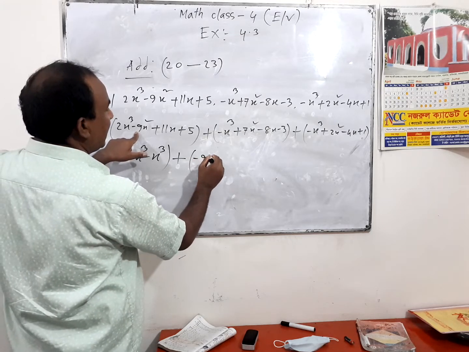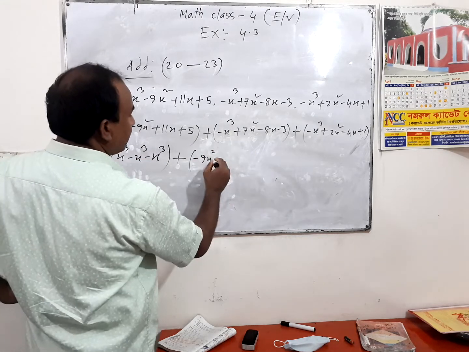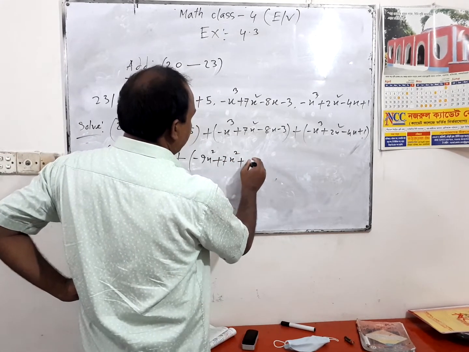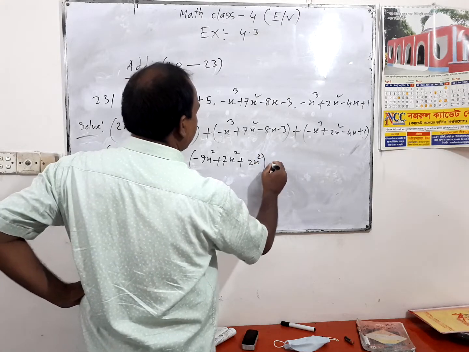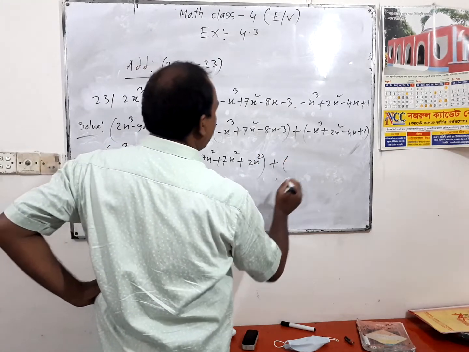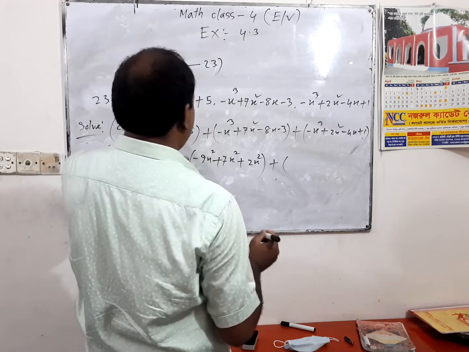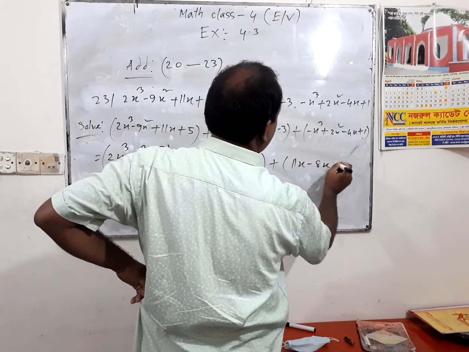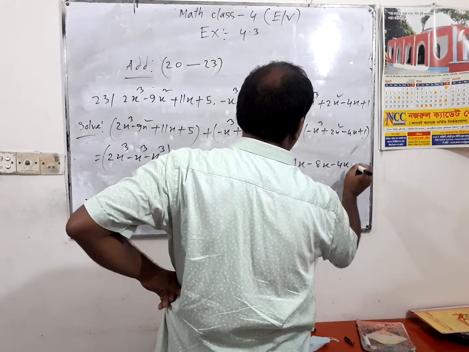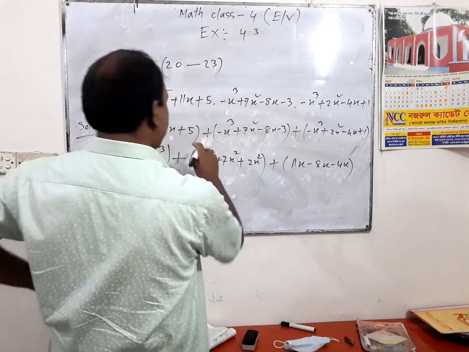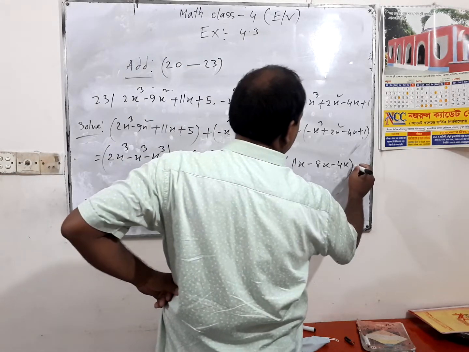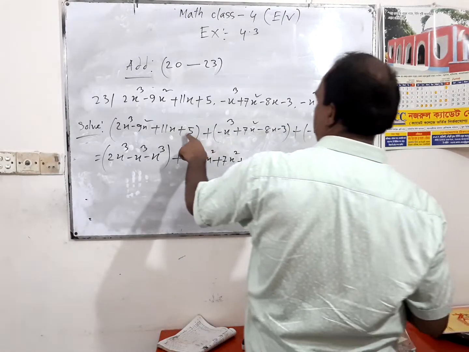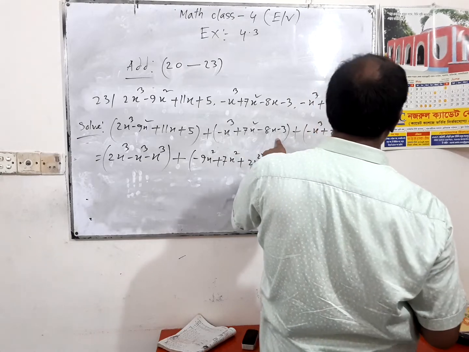Second term is minus 9x square plus 7x square plus 2x square, and third term is 11x minus 8x minus 4x, and plus 5 minus 3 and plus 1.